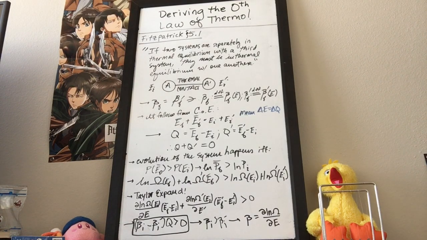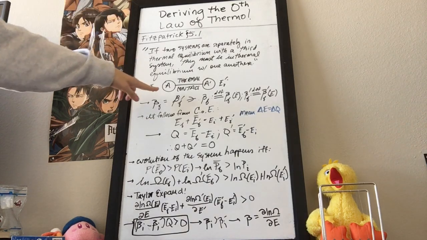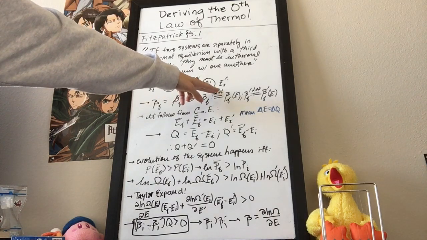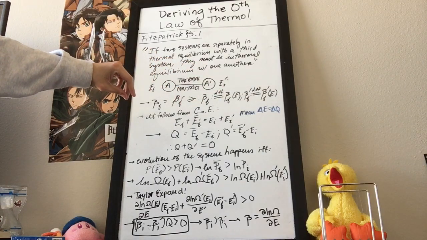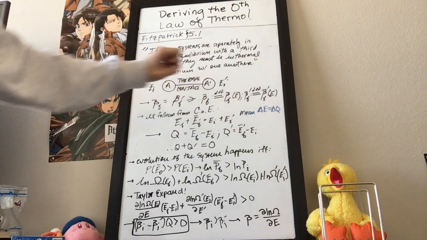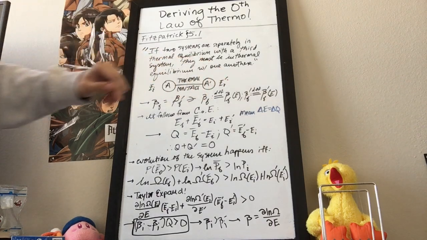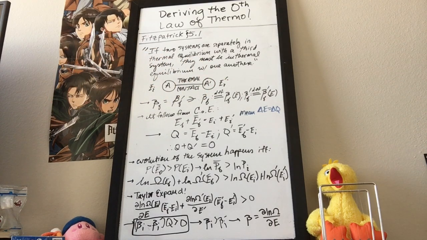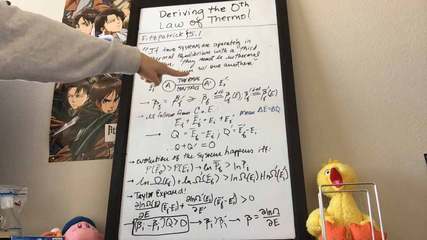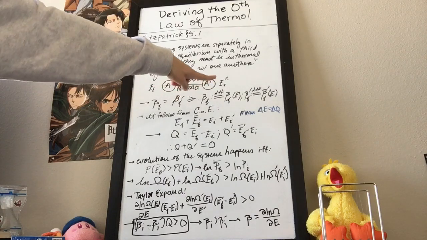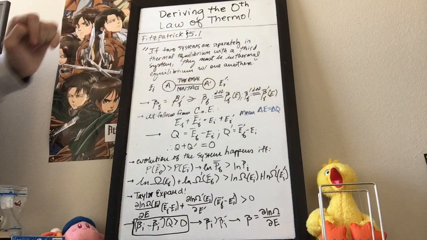So we know that if we have two systems which are previously in some sort of thermal isolation from one another, system A and A prime, each with respective energies E sub i and E prime sub i, we can bring these two previously thermally isolated systems into contact with one another.